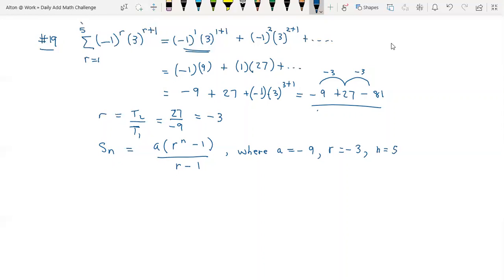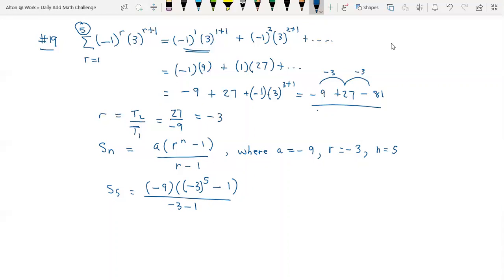So S5, when we substitute these values, will look something like this. Minus 9 for a, multiplied by r to the n, which is minus 3 raised to the power n, which is the 5th power, take away 1, all divided by minus 3 minus 1.